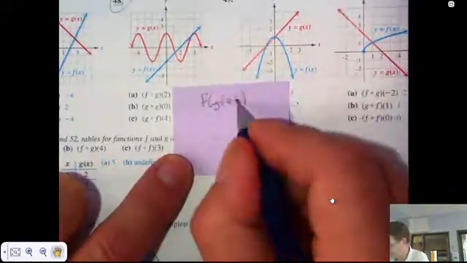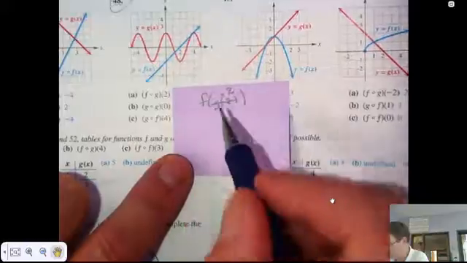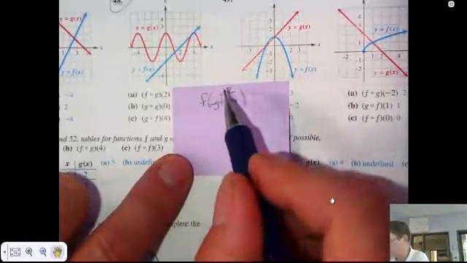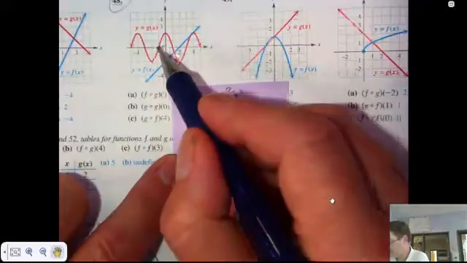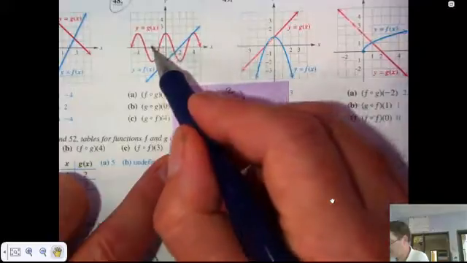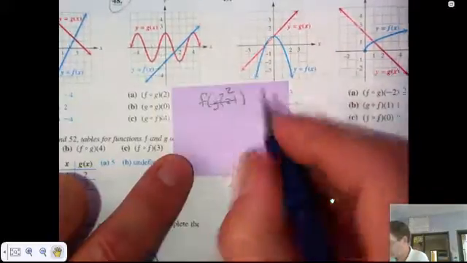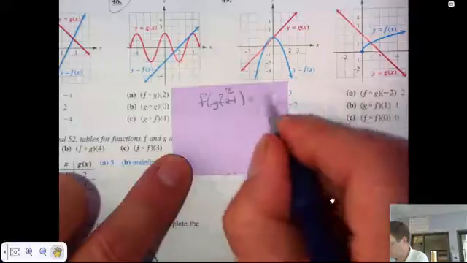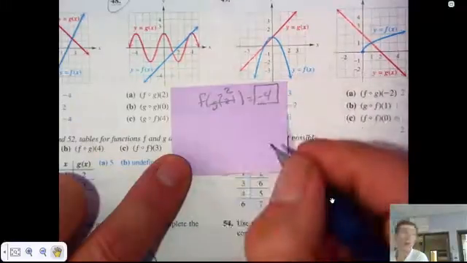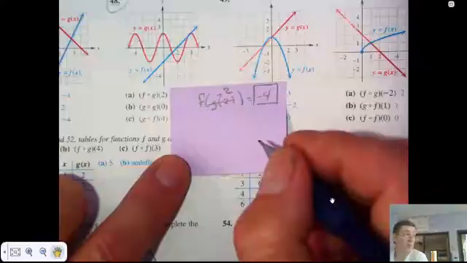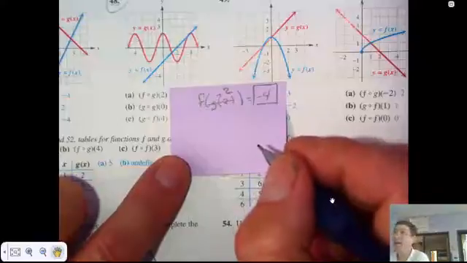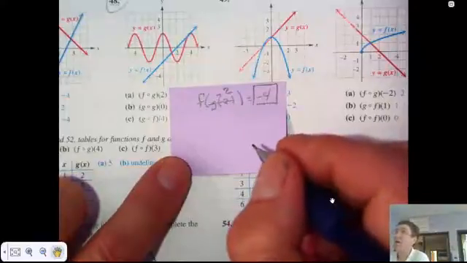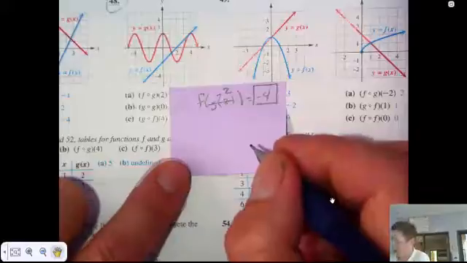So I'm going to replace this with negative 2. So now find f of negative 2. So when x is negative 2, f is negative 4. Right? That's all there is to it. I mean, it's just a matter of looking the values up. So unlike having the expressions, you look them up on this.